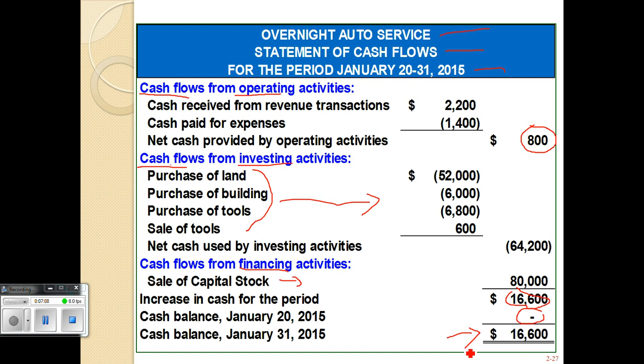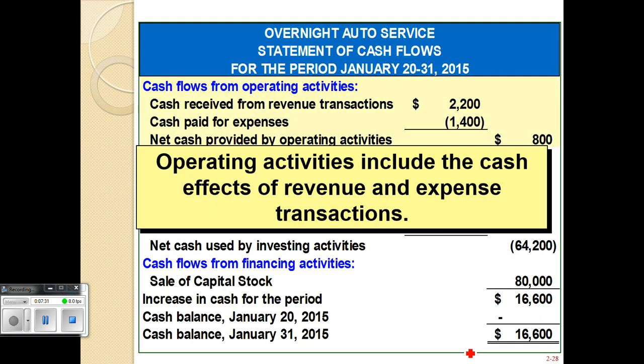All the statements of cash flows have three portions. Operating activities, net, is coming from your sales, your revenue and expense transactions. Investing activities is buying and selling assets, and financing activities is selling stock, selling bonds, or paying off bonds or notes. So operating activities include the cash effects of revenue and expense transactions.